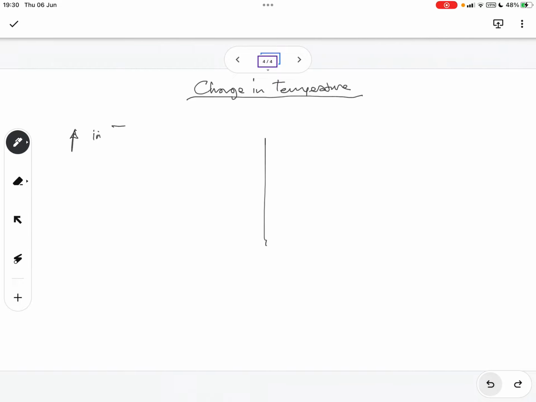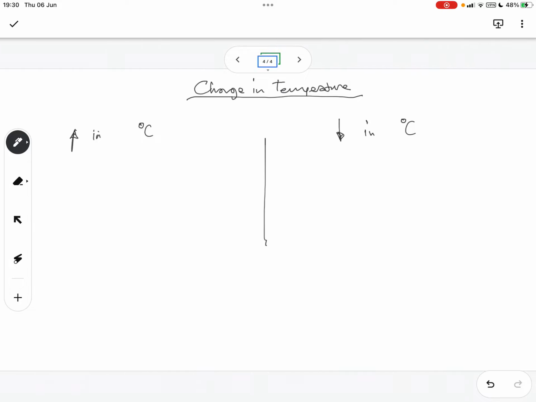So if we increase the temperature, let's say there's an increase in temperature, right? So temperature, we'll just write there degrees Celsius. And we're going to contrast that with a decrease in temperature.